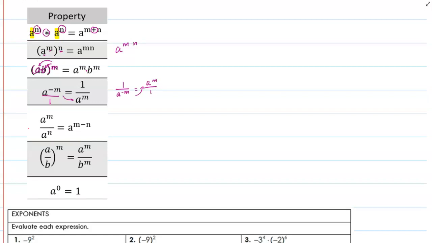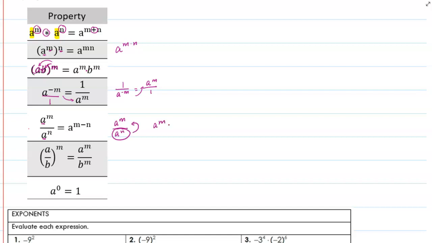Okay, if you have the same base, one in the numerator, one in the denominator, you can take the exponents and you can subtract them. Or, like I was saying in class, you can think of it this way. When you need to bring this entire thing up to the numerator, then you have to take the negative of the exponent.